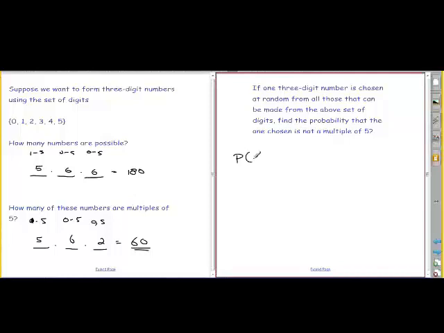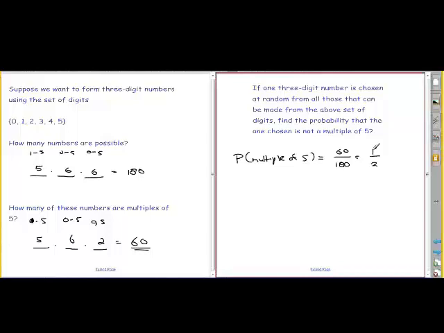So the probability of being a multiple of 5 is the total number of numbers, 3-digit numbers made up of these 6 values divided by the total sample space, which is 180.